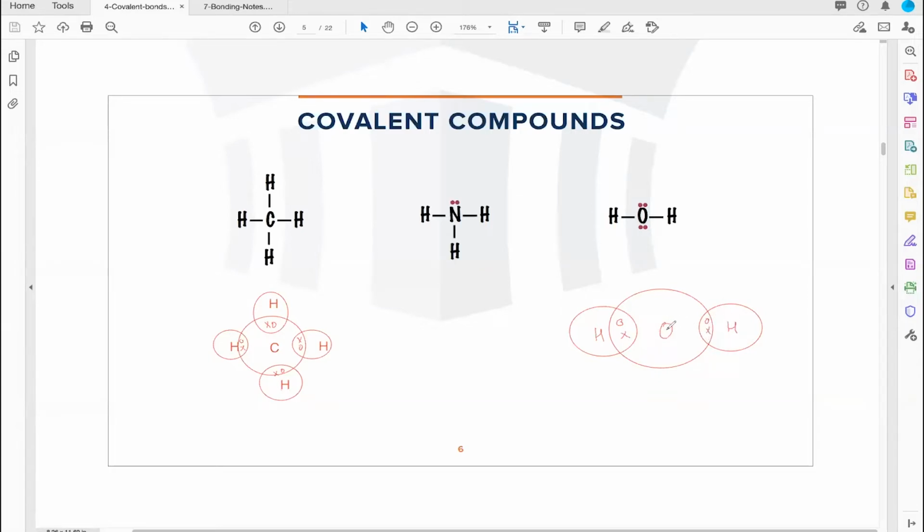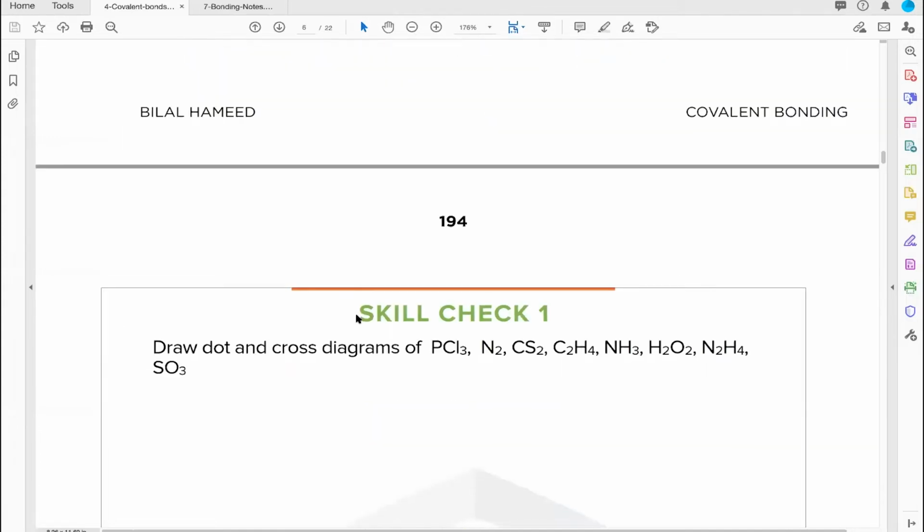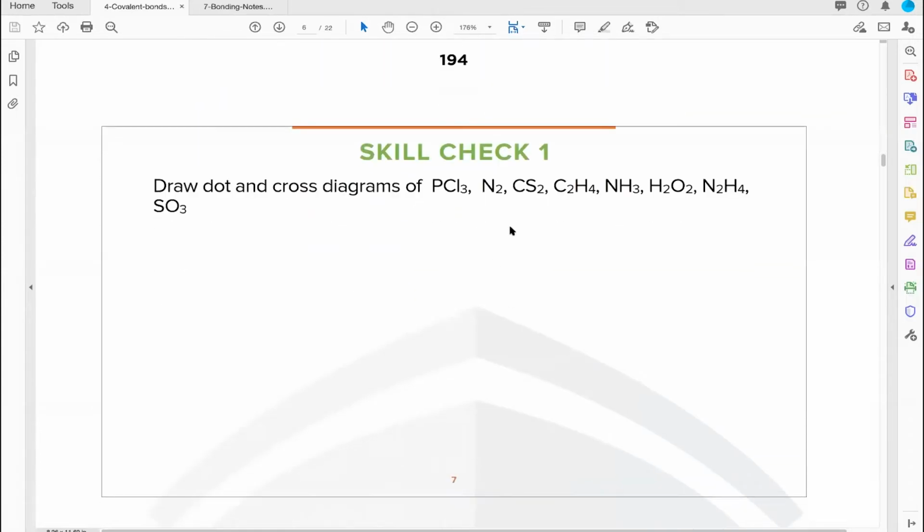Okay. Oxygen has 6 electrons. 2 have been shared. The remaining 4 must be drawn. Now, a good technique is that whenever you put electrons, always put them in pairs when you're drawing these diagrams. Okay, that will help. So instead of scattering them around, put them in pairs. All right, so take a few minutes and try to draw a couple of these atoms or molecules.